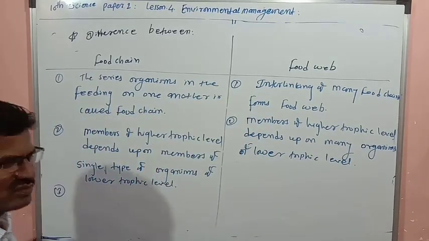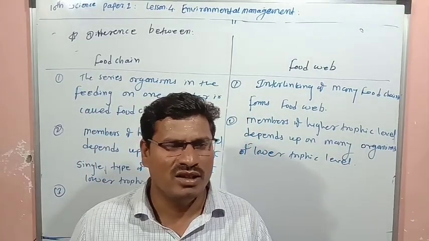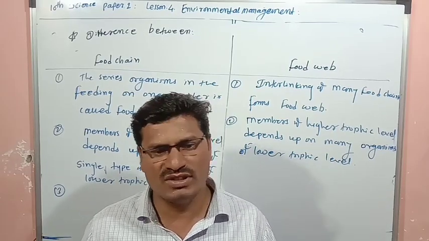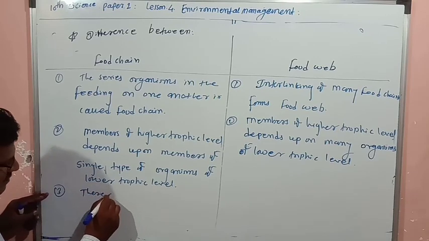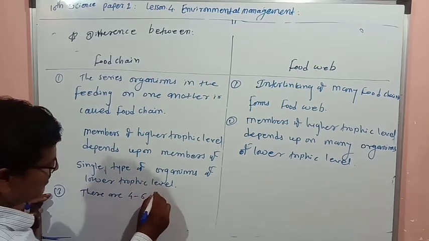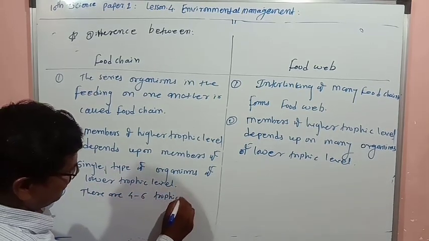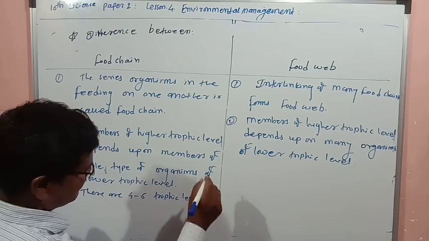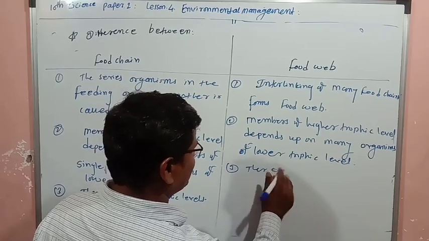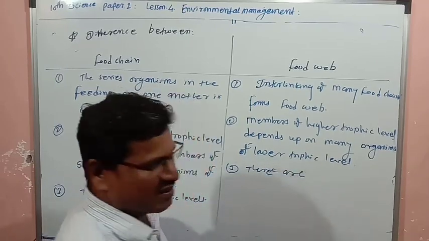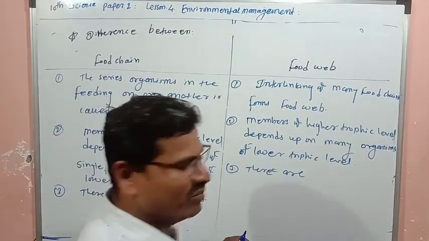Third point: in the food chain there are near about 4 to 6 trophic levels, and in the food web there are many trophic levels.